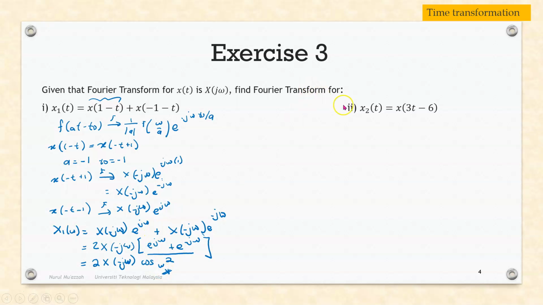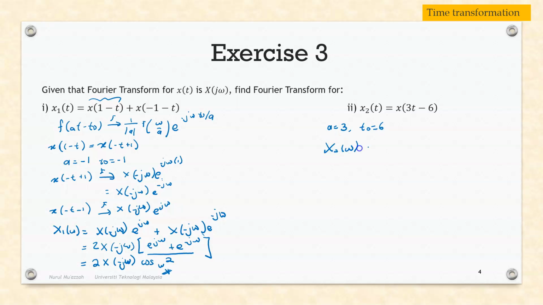For question 2, again you use the time transformation formula. Here a is 3 and t0 is 6.